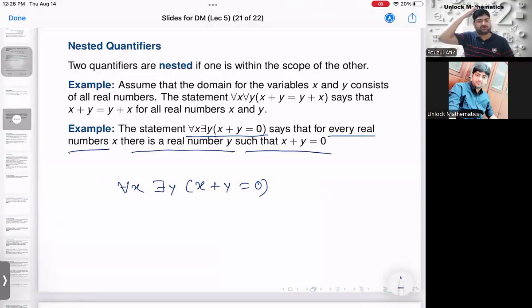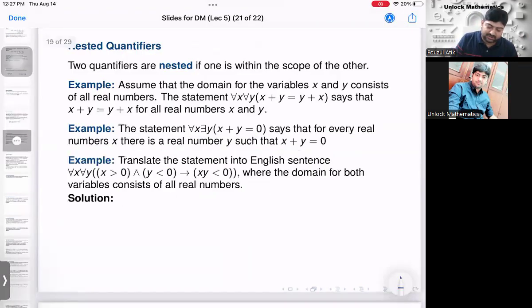And this is true, right? Because for any real number, maybe 5, you have the real number y which is minus 5, such that x plus y is equal to 0: 5 plus minus 5 equals 0, which is true. So therefore this is a nested quantifier, one within the scope of the other. I hope this is clear.